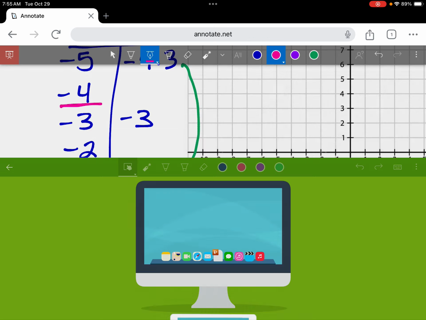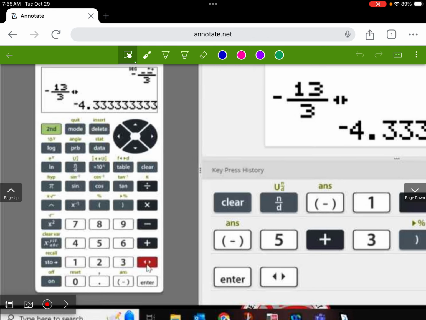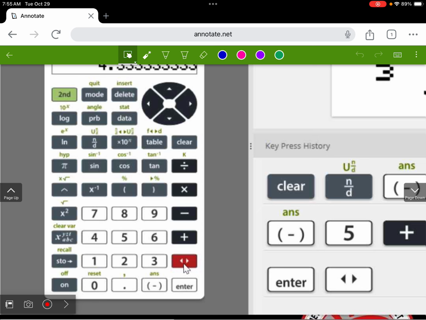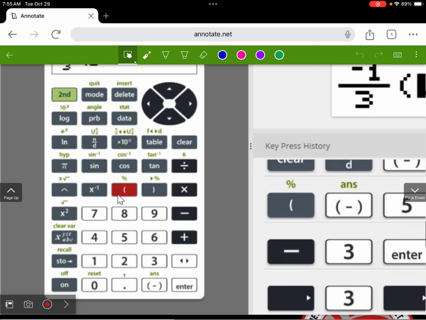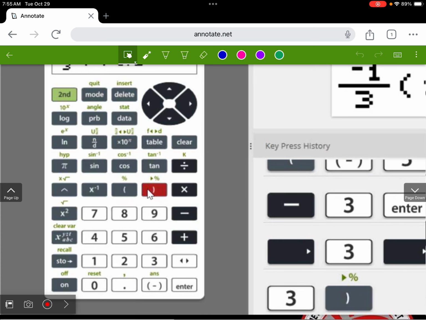Type in, like, say, the negative 4 into that same equation. Negative 1/3 times negative 4 plus 3 squared minus 3. You can type it in just like this. What do you get?